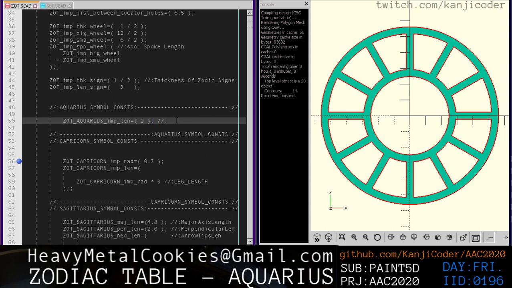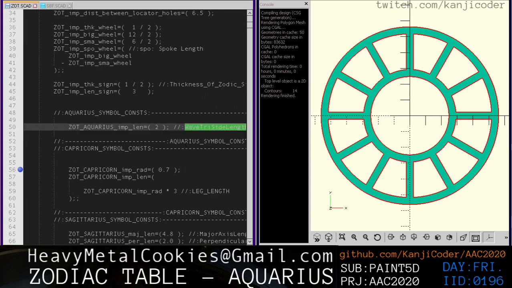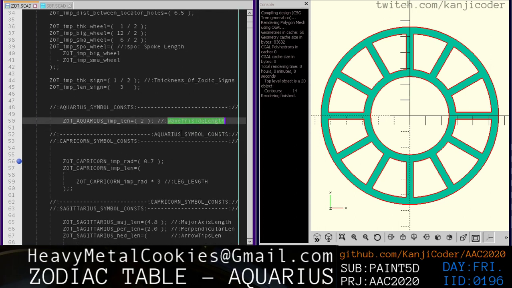So wave try side length would be the more specific version. But this is harder because, does anyone know what a wave try side length is? Nobody knows what that is, right?